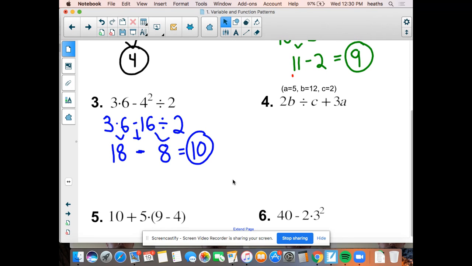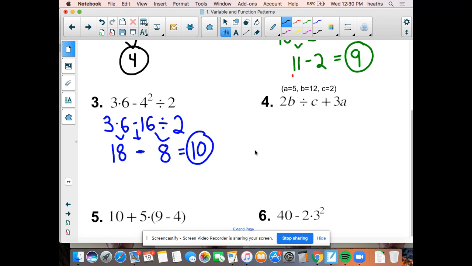Number 4, our fourth example, is very similar to number 2 above. We have some variables to work with. So 2b divided by c plus 3a. You'll notice the 2b, those two are right next to each other, and there's not an operation between them.